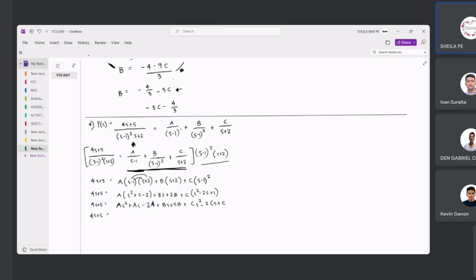Okay. So S squared, we have our A and we have our C. And the S is we have our A, B, and negative 2.